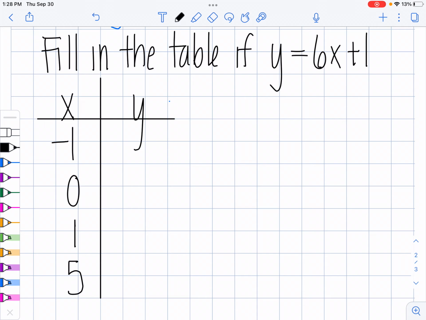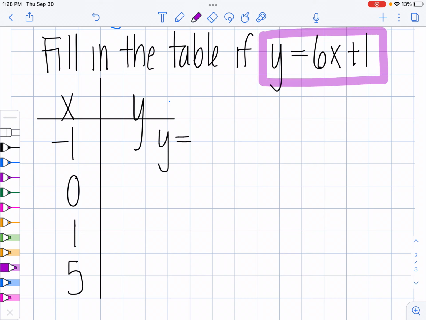Okay, so first I'm going to do my skeleton. I have a different equation this time. My equation is here. So I have y equals 6 times blank plus 1. I'm going to write them all out.